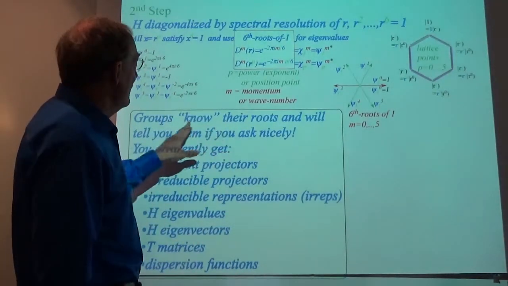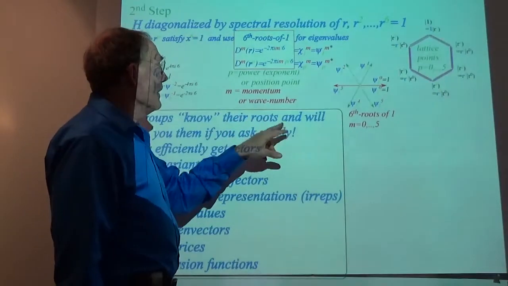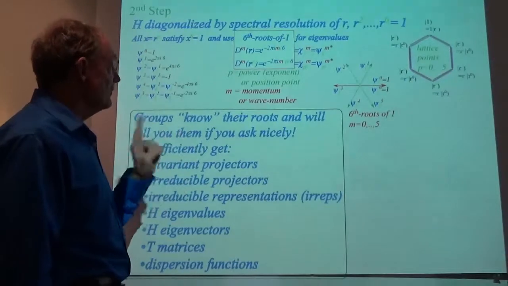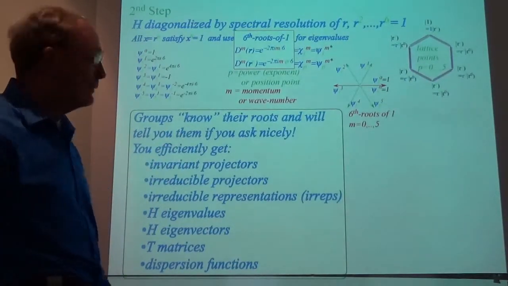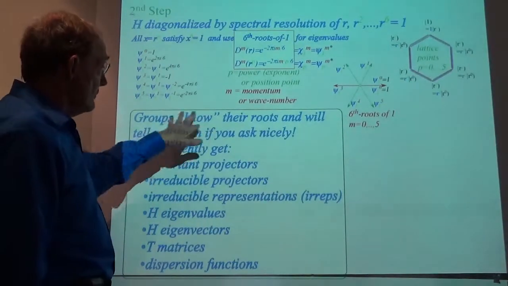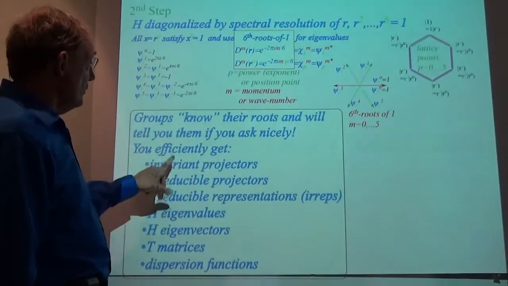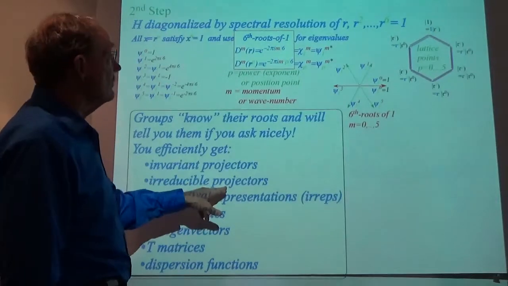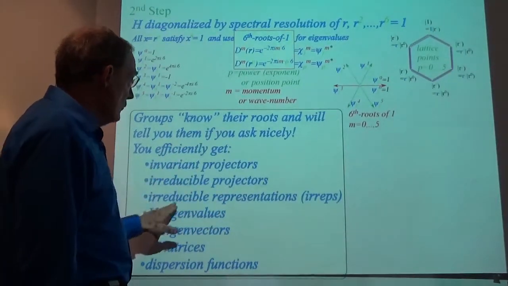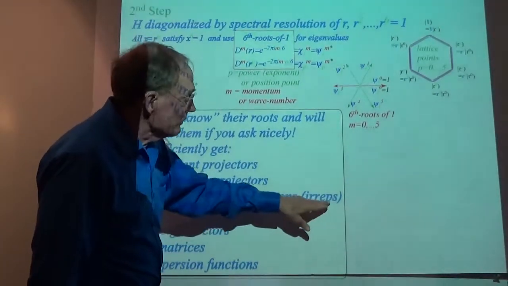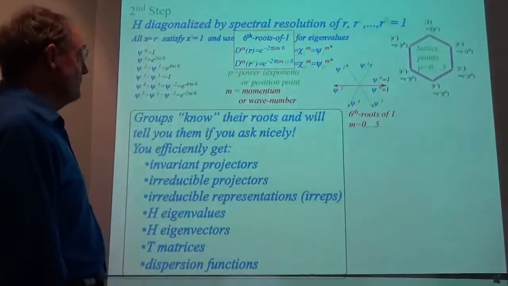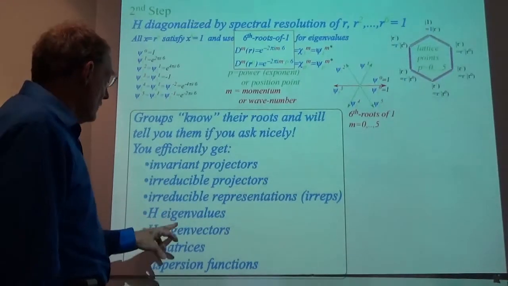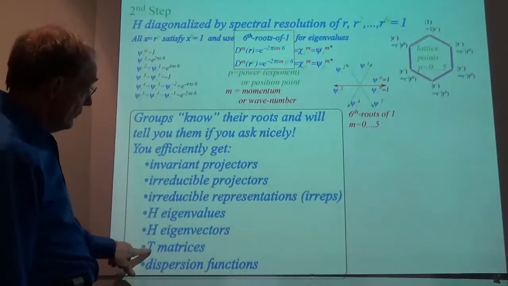So anyway, these algebras know their roots, and we'll tell them to you if you ask nicely. So what we're getting by this knowledge is to efficiently find invariant projectors, the irreducible projectors, irreducible representations. I'm going to be using that little name IRREFs. That's a mouthful. And finally, the Hamiltonian eigenvalues, eigenvectors, transition matrices.